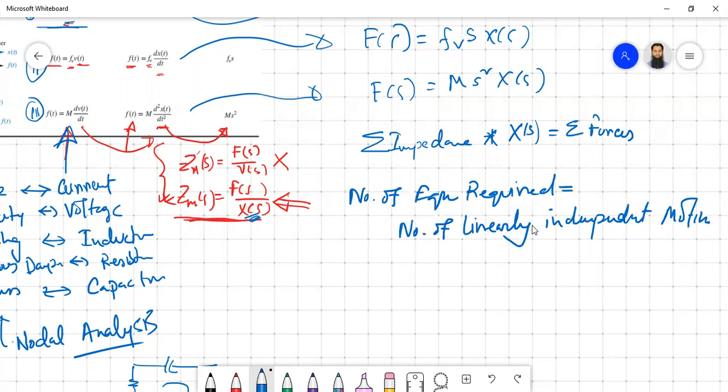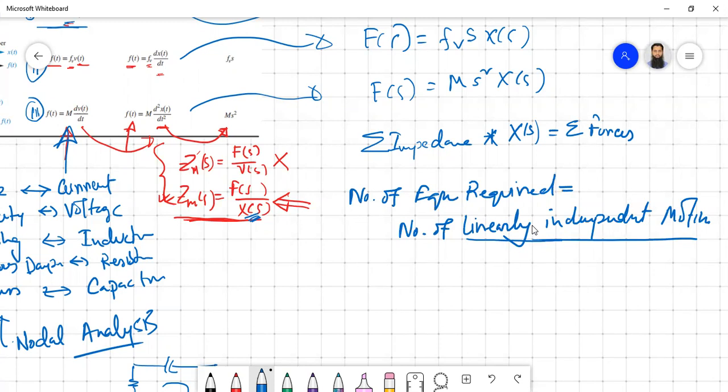So the number of linearly independent motions is a critical thing to discuss. What does linear independence mean? It implies that a point of motion in a system can still move if all other points of motion are held stationary. So what does it mean?